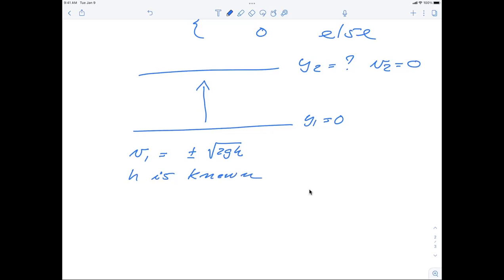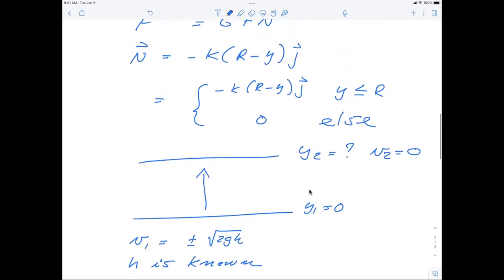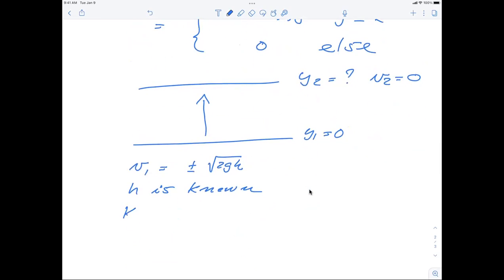We can also assume that the parameter K in the force, which is a material specific parameter, is known as well. So when we have that, we can start integrating.